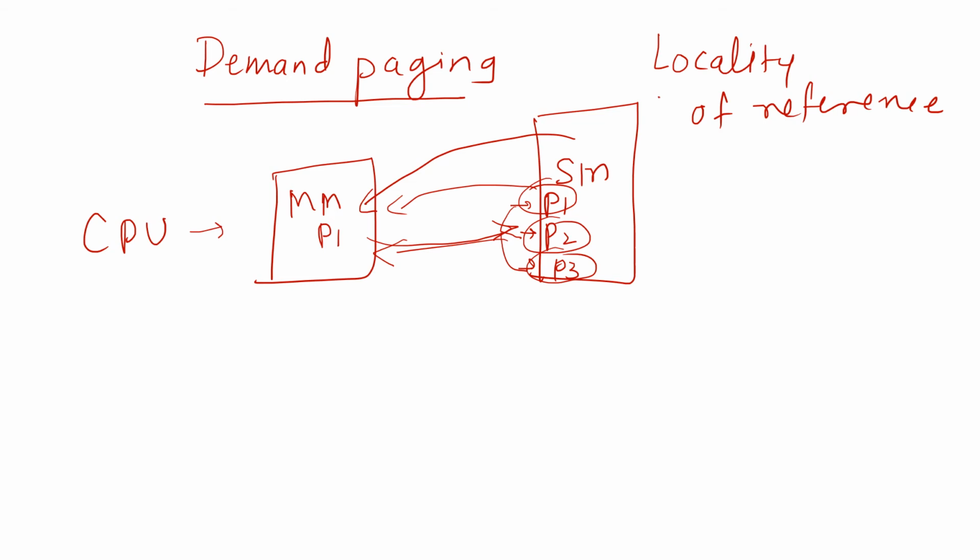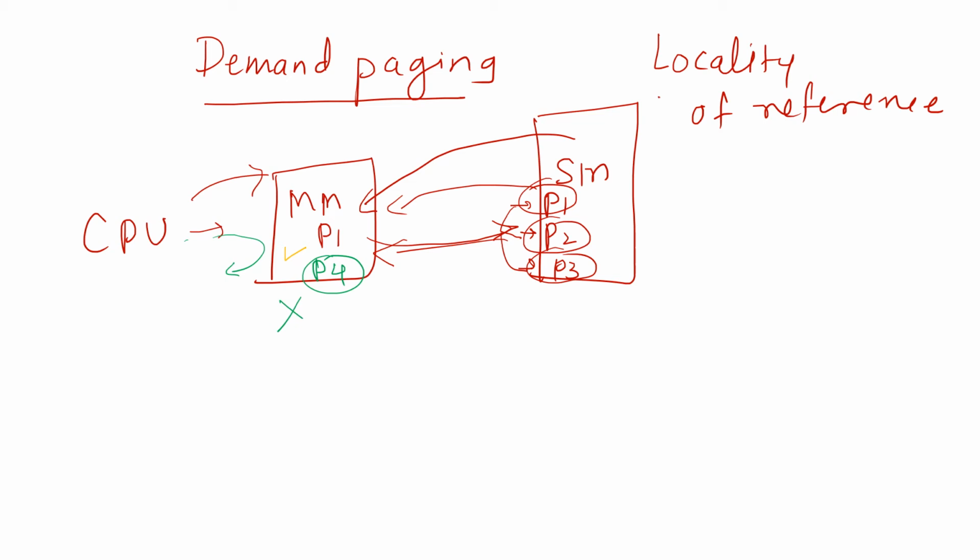Now whenever the CPU asks for a particular page, suppose CPU wants to access page P1. If the match is found in main memory, the CPU will get access to P1. But if CPU wants P4 and P4 is not found in main memory, what will happen next?